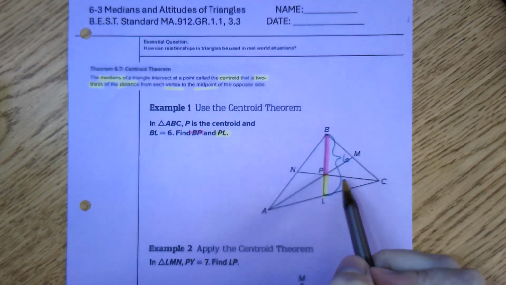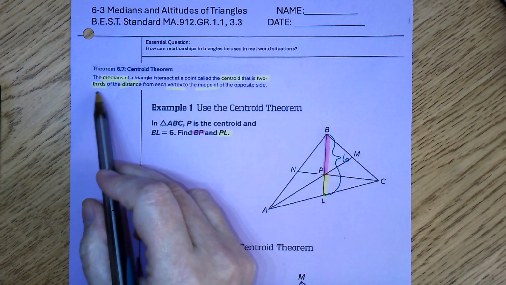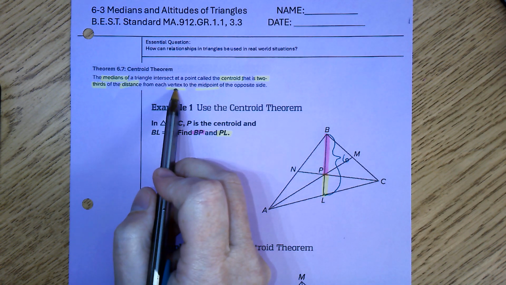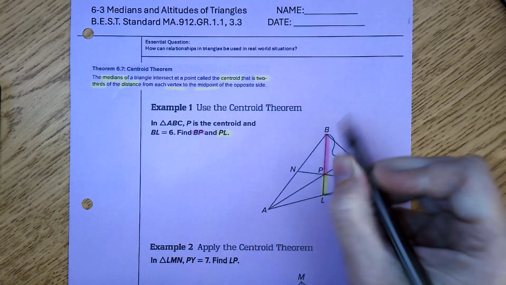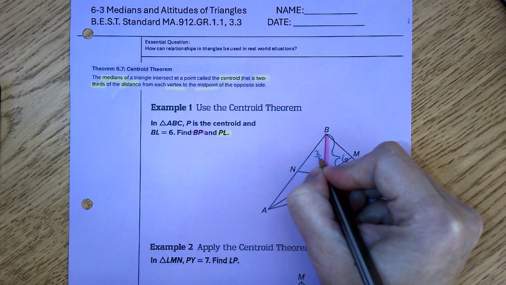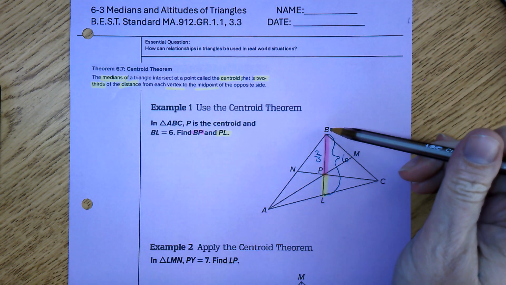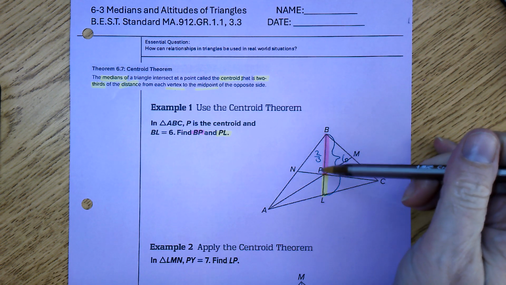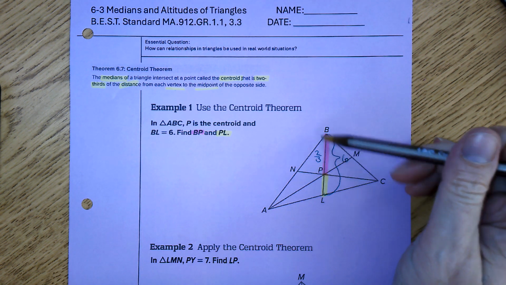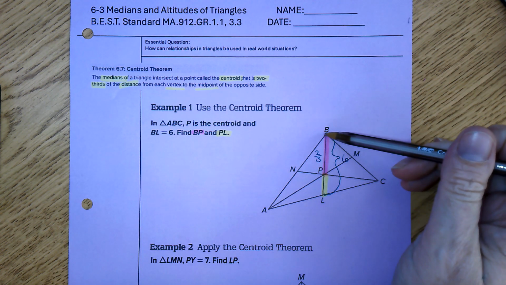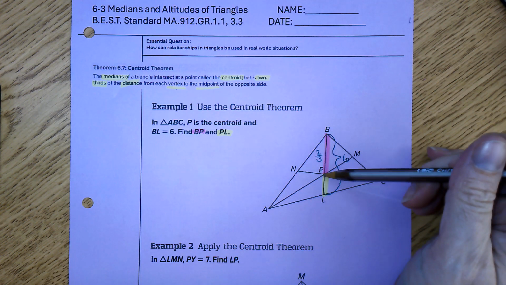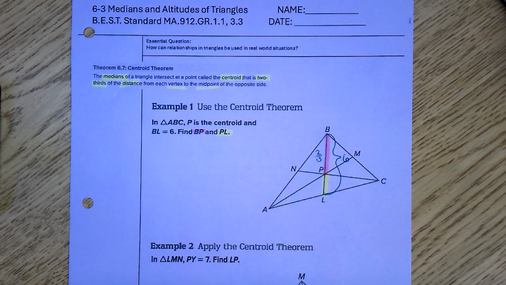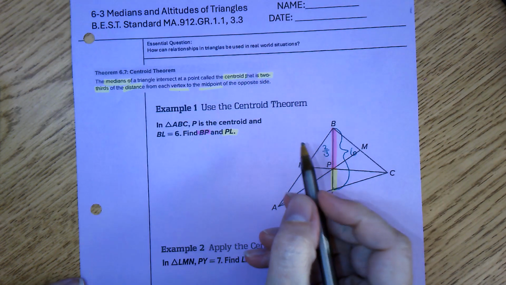The centroid is 2/3 of the distance from each vertex to the midpoint of the opposite side. So from B to P, we are 2/3 of 6. It wants us to find BP and then PL.